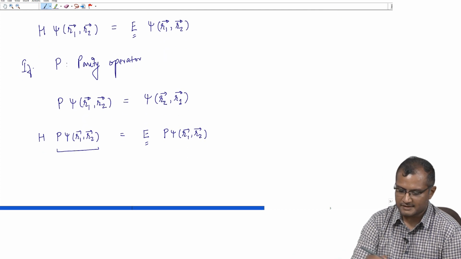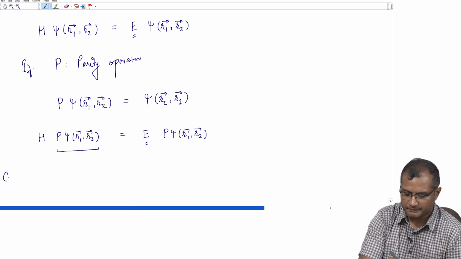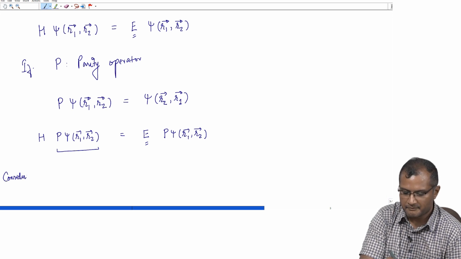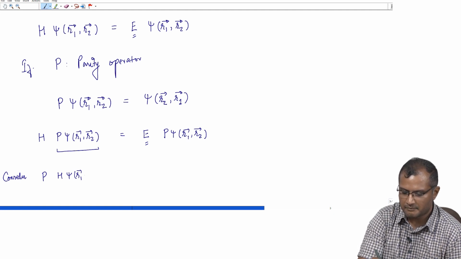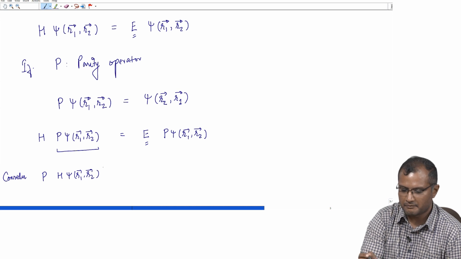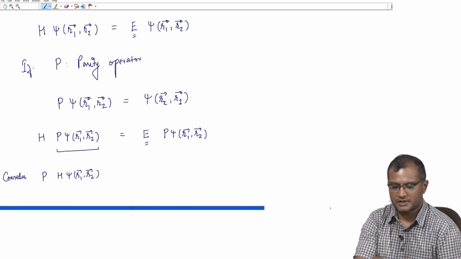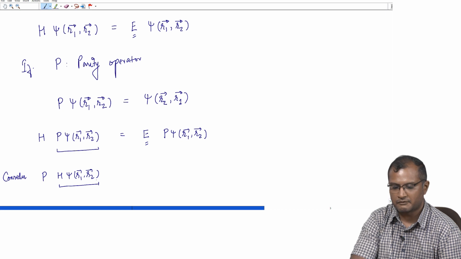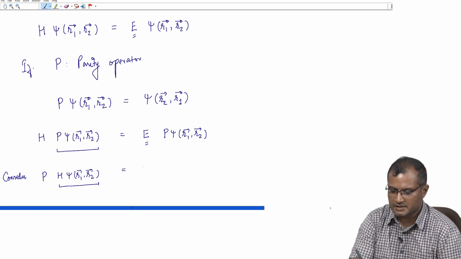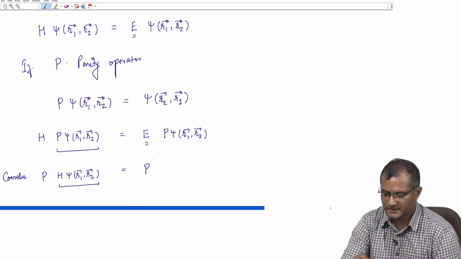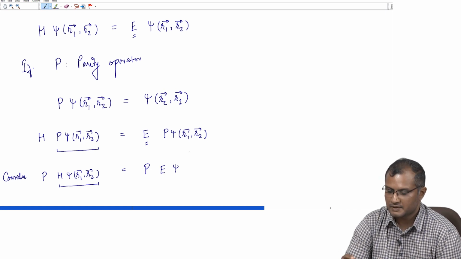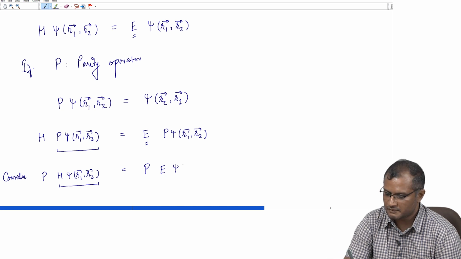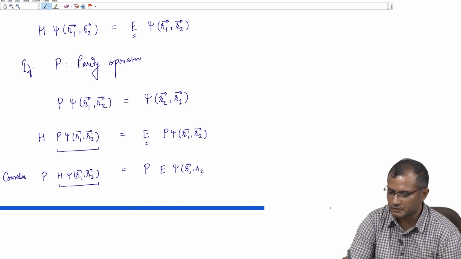But I can also consider P operating on H psi. This is my new function. This is nothing but P H on psi, which simply gives me E times psi R1 R2.